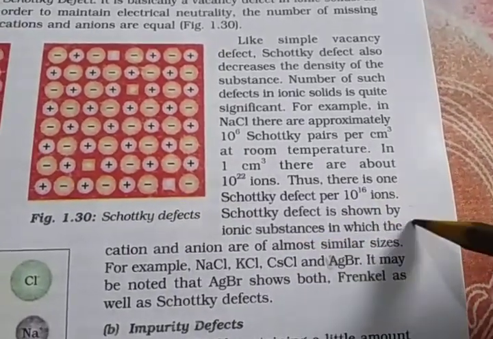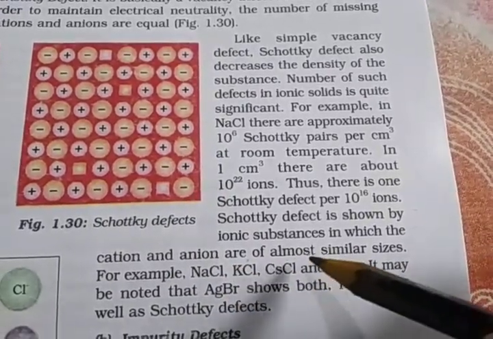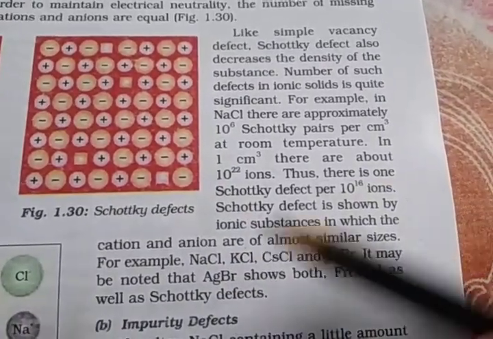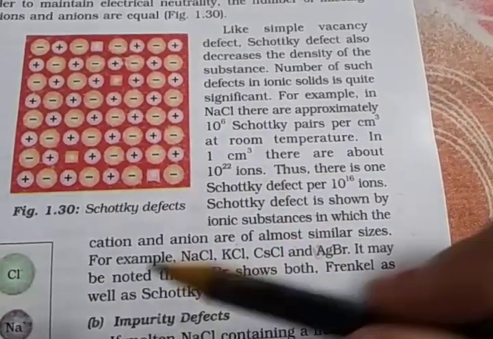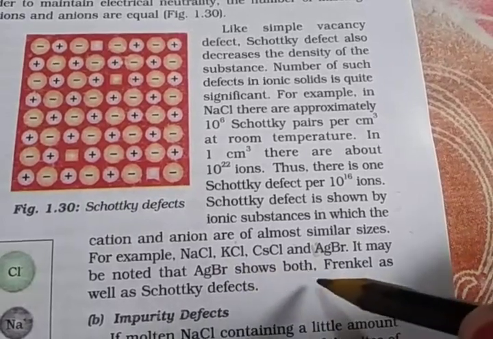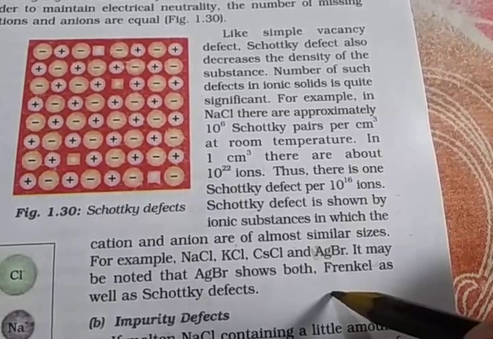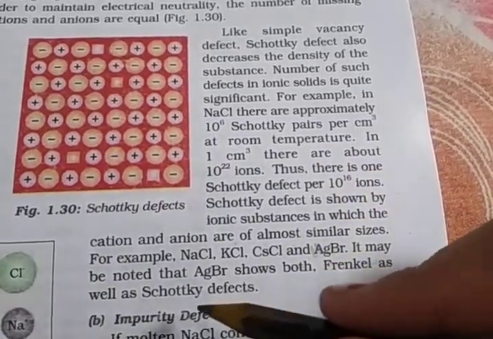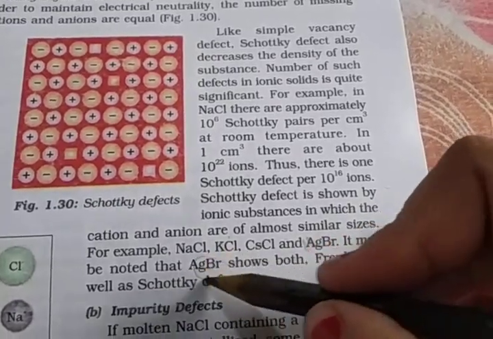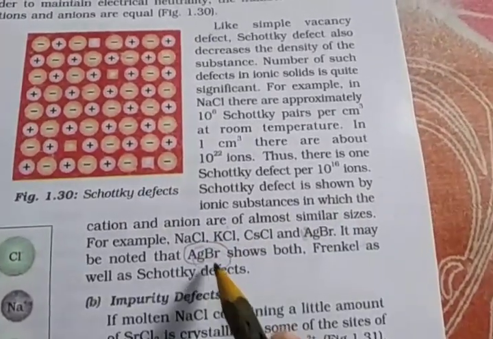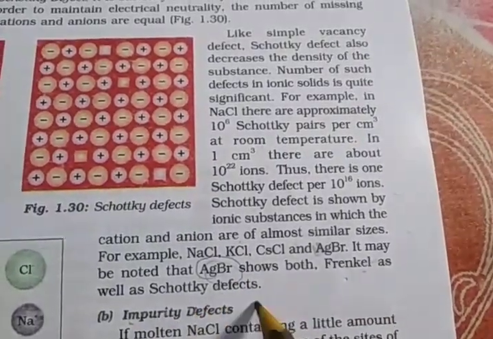This defect is shown only by ionic substances in which the cation and anion are of almost similar size. Examples: NaCl, KCl, cesium chloride, AgBr. It should be noted that AgBr shows both Frenkel as well as Schottky defect. AgBr is the one example which represents both defects.